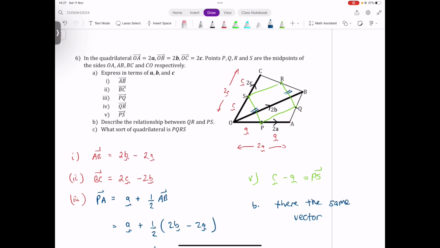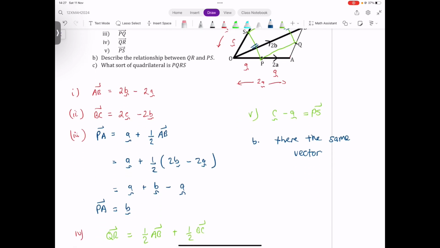So if PS and QR are the exact same vector, that means they have the same magnitude and the same direction. Now because of that, it means PQ and SR also have to be the same vector. Now we can't say for certain that it's a square, but we can say that it's a parallelogram.